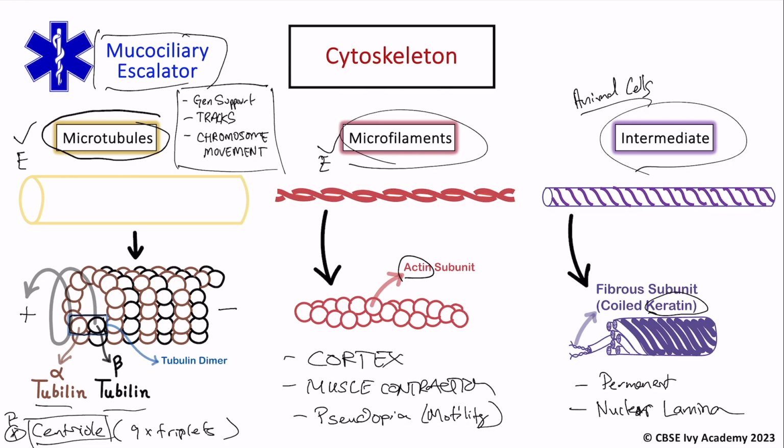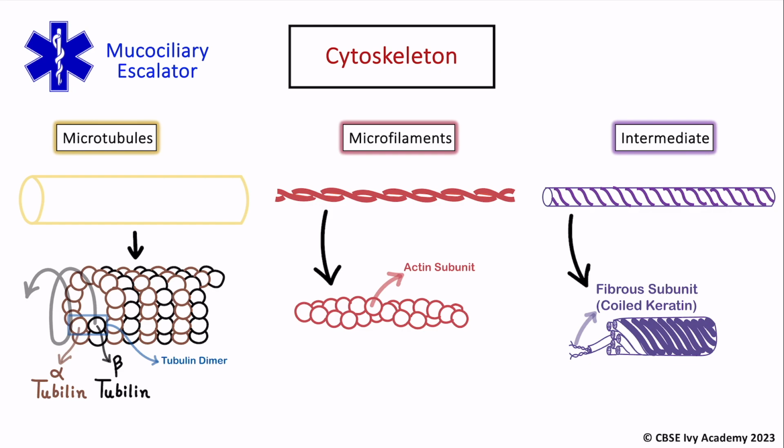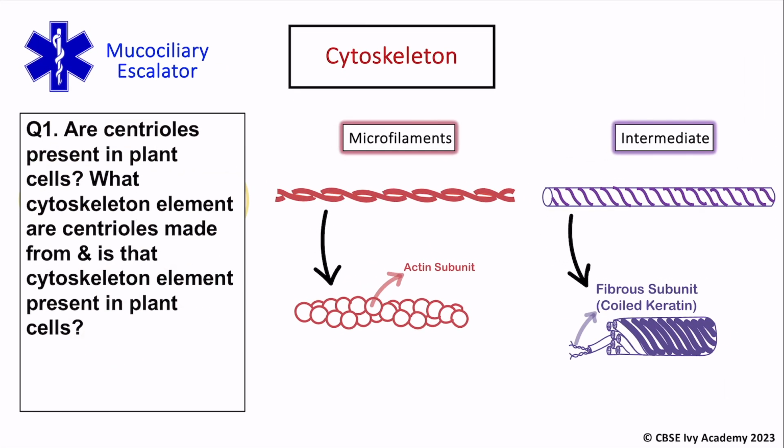All right. That was quite a lot. So what questions should we keep in mind for the cytoskeleton? Are centrioles present in plant cells? Answer is no. What cytoskeleton element are centrioles made from?